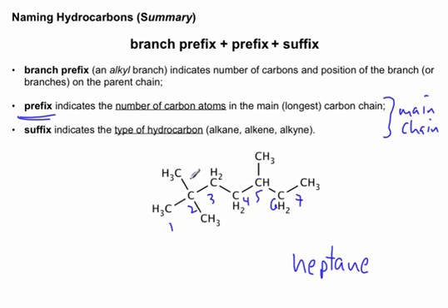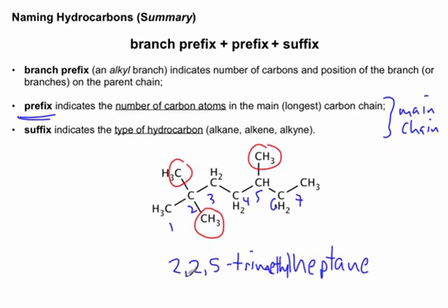Now identify the branches. I have a branch on carbon 2, a branch on carbon 2, and a branch on carbon 5. So that becomes 2,2,5 trimethyl. And so there we go. We saw that earlier. There it is again, 2,2,5-trimethylheptane. And that's using this systematic way of putting it together.